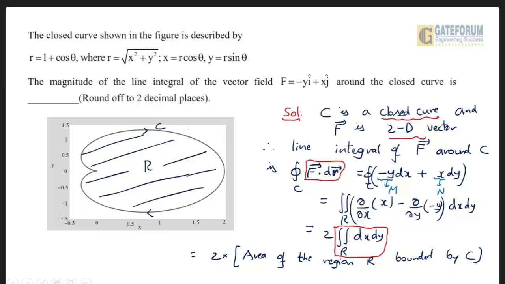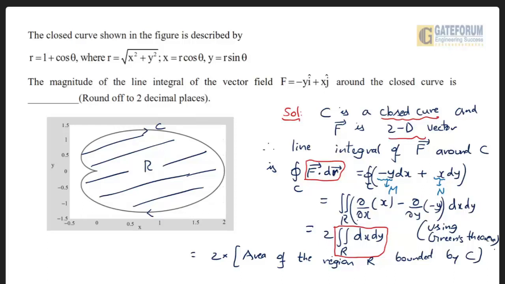Okay, so this region is bounded by a simple closed curve C. That's why we apply Green's theorem. Using Green's theorem actually here.